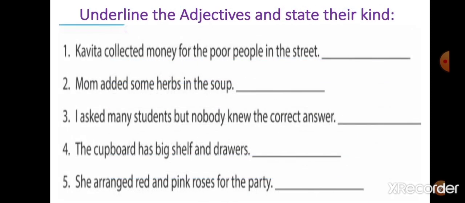Underline the adjectives and state their kinds. Here what do we have to do? Here we have two kinds of adjectives. They are quantitative adjective and qualitative adjective. We have to underline and write down which type of adjective it is, whether it is descriptive or quantitative.